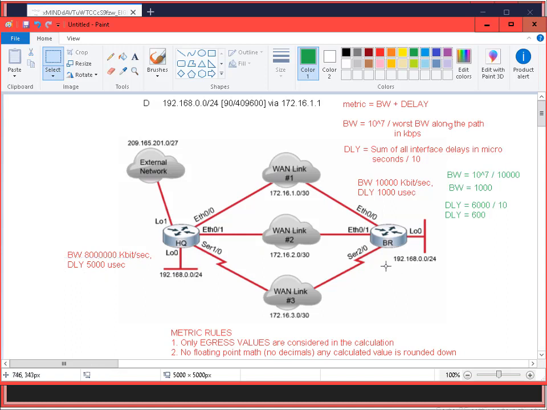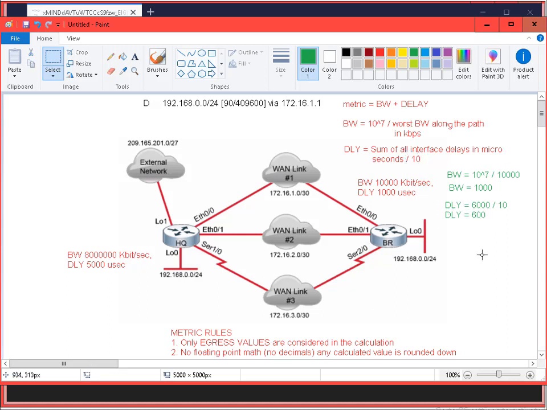So that's our 6,000, because we're only doing the egress interfaces, not the ingress interfaces. Then we have to divide by 10, because in the formula it's tens of microseconds, not microseconds. That's just part of the formula. So I divide by 10, and that's where I get my 600.